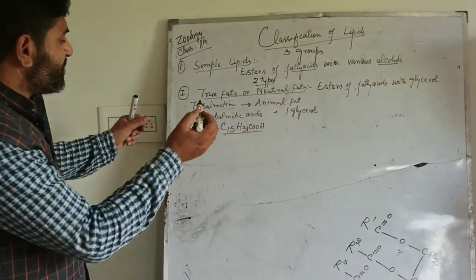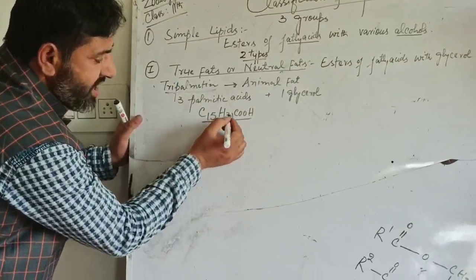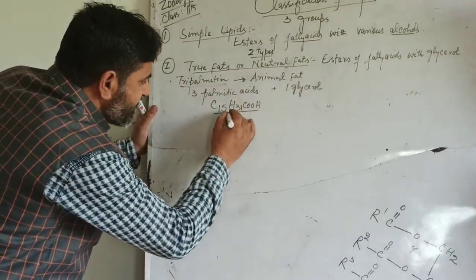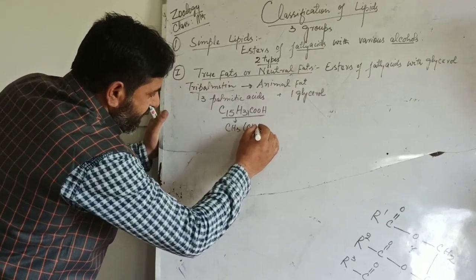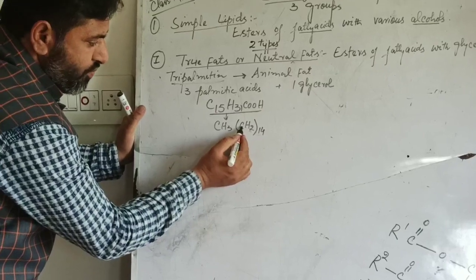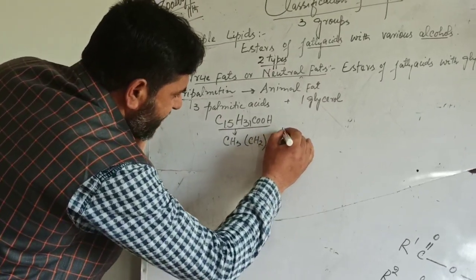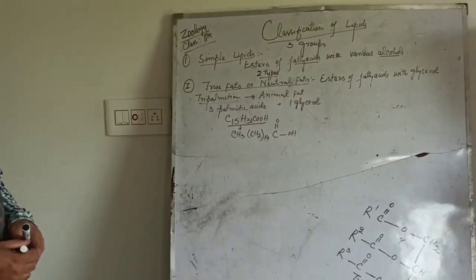It consists of 3 palmitic acids, 3 fatty acids, and 1 glycerol. And you know that the molecular formula of palmitic acid is C15H31COOH, or you can also write it as CH3 methyl group, then methylene group CH2, 14 times. So 14 carbons and this CH3 methyl carbon is 15, and then COOH, the expanded form of palmitic acid.